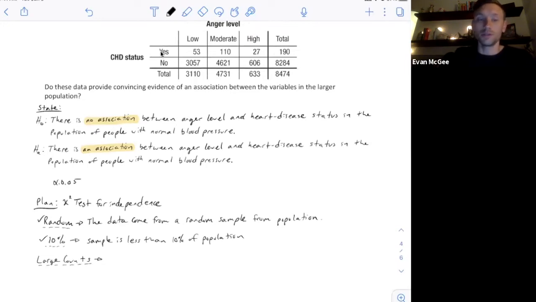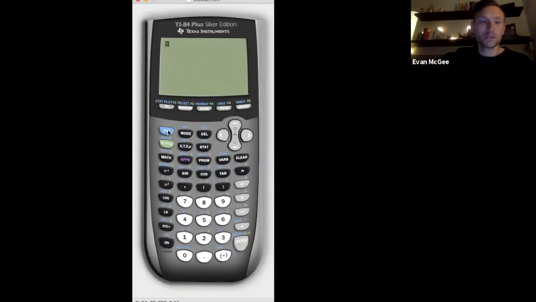That's the way I'm going to do it. So go to my matrix, second, x to the negative first, and I need to scroll over to edit. And my matrix is a 2x3 because I had 2 rows and 3 columns.